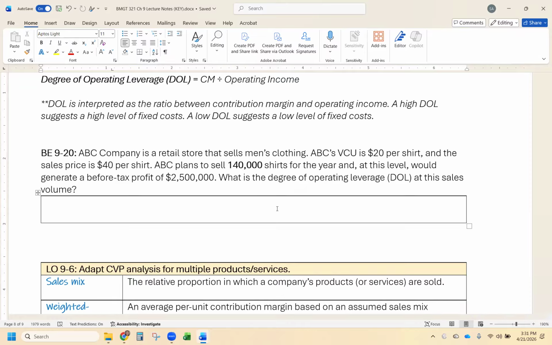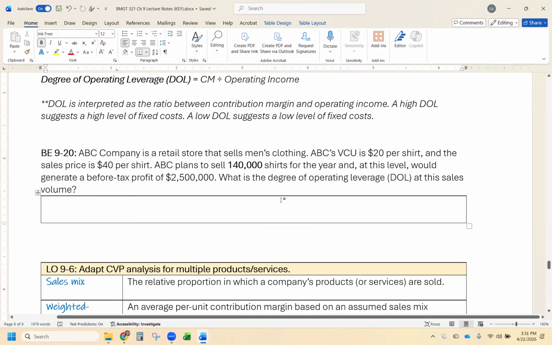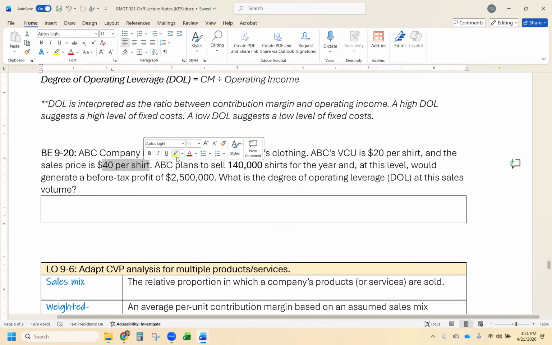All right. So in this particular problem, we are making some shirts and we're going to sell them for $40 each. So there's our sales price, our price there. So this is our price.